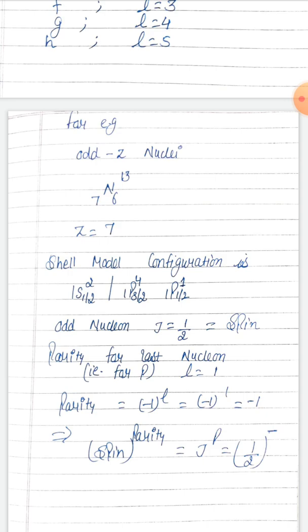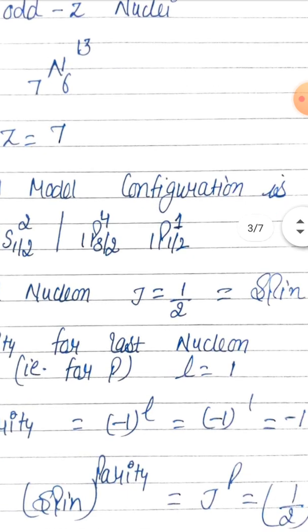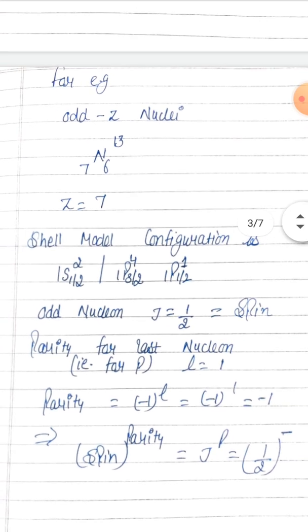In this case 7 is odd, so you have to write the shell model configuration for Z equals 7. So it will be 1s½ 2, 1p 3/2 4, 1p ½ 1. Now look at the last one, that is the odd nucleon.